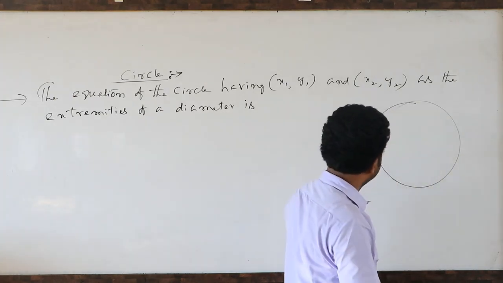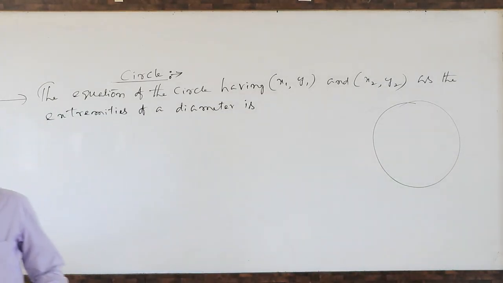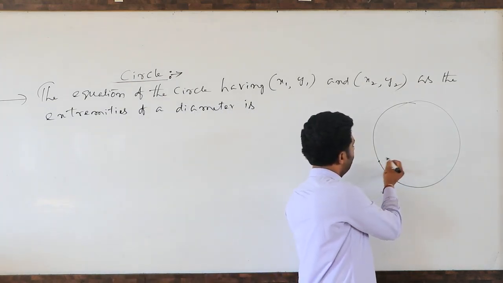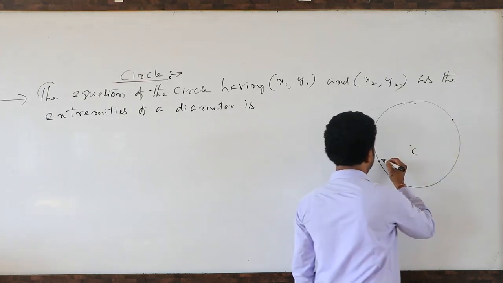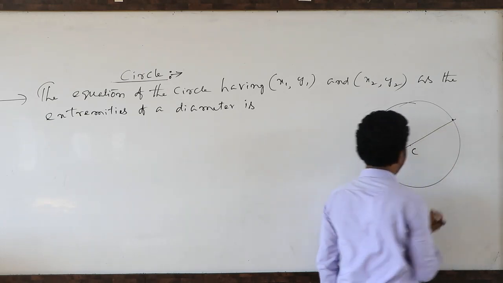Suppose this is a circle. This is the center of the circle. This is another end. Just join these two.